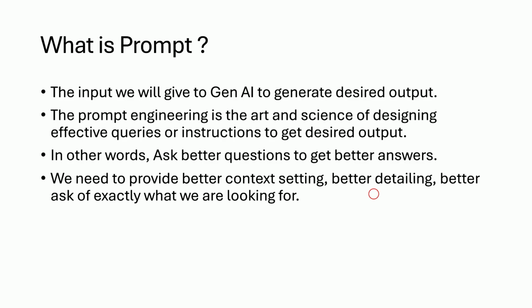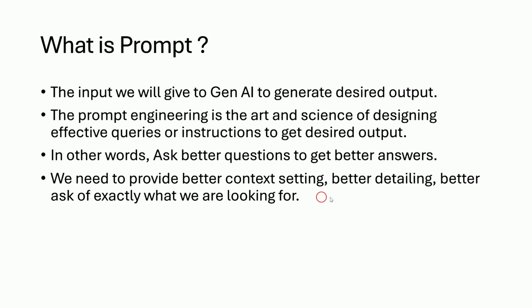These are generative AI models, which are not humans, so they don't understand different kinds of slang, idioms or nuances. You have to give better detailing and be very straightforward instead of using nuances and idioms. You have to provide better context, setting what you are looking for.